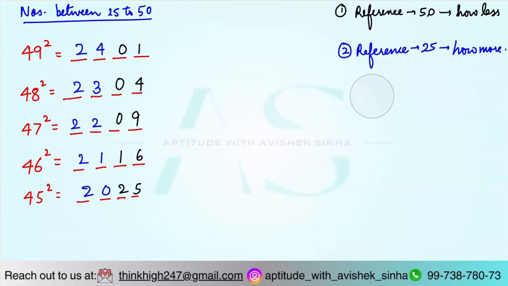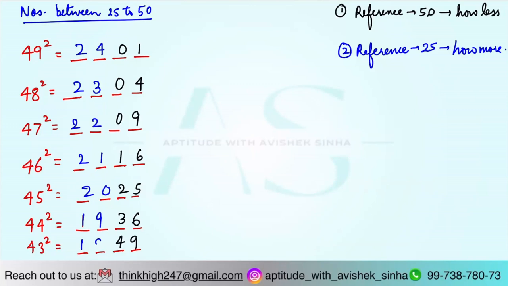Any doubt? Shall we proceed further with 44 square? Please tell me what is the value for 44 square. It is 6 less. What is the square of 6? 36. How much is it more than 25? It is 19 more. On a similar note, please tell me for 43 square. 43 is 7 less. The square of 7 is 49. Now, how much is it more than 25?